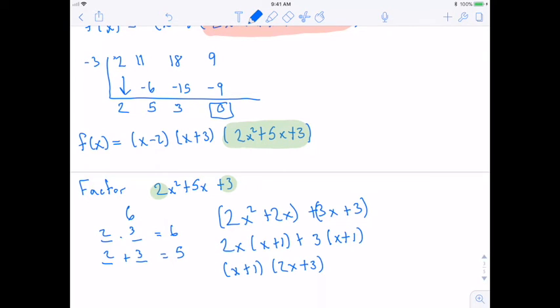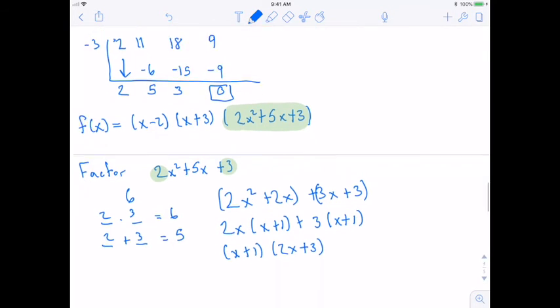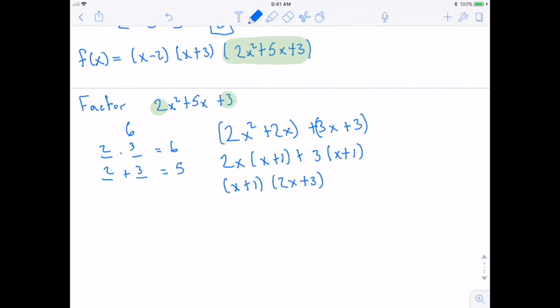And we have x plus 1 times 2x plus 3. So we can finish by completely factoring this. Our first term was x minus 2. Our second term was x plus 3. And our quadratic became x plus 1 and 2x plus 3.